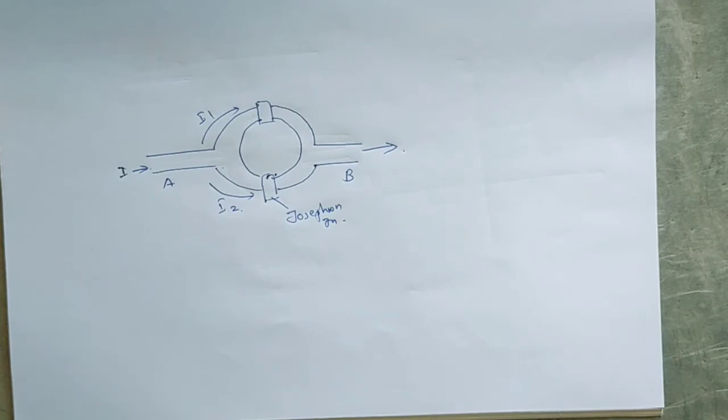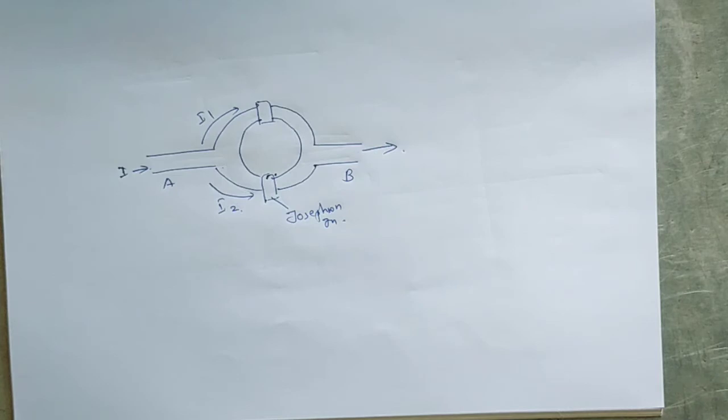Macroscopic quantum interference: this effect describes the influence of the applied magnetic field on the supercurrent flowing through the junction. This shows the effects of the magnetic field on the supercurrent that flows through the junction. From where do we get this supercurrent flowing through the junctions? That is purely due to the interference of the wave function associated with the Cooper pair.